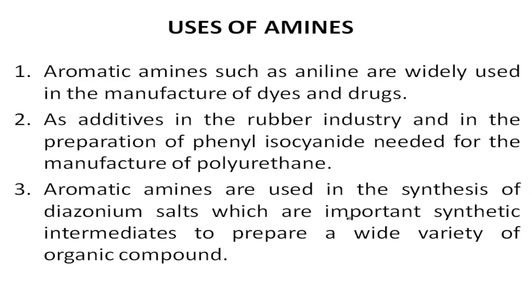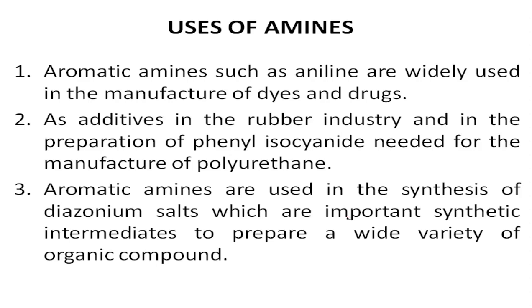Uses of amines. Aromatic amines such as anilines are used to manufacture dyes and drugs. Number 2, amines are used in the rubber industry; phenyl isocyanide is used to make polyurethane.